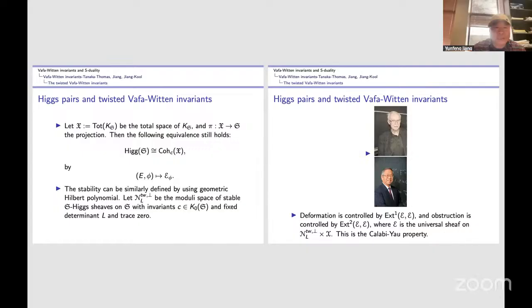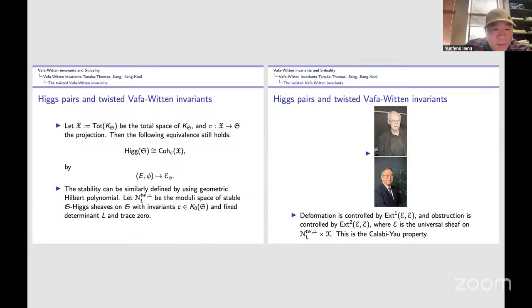So (E, phi) is a Higgs bundle. What the Higgs bundle means, which I didn't write in detail, is that E is a bundle on the gerbe or S, and phi: E to E tensor K_S is a section. Remember, here I use the canonical line bundle as the twisting, as the Higgs field.